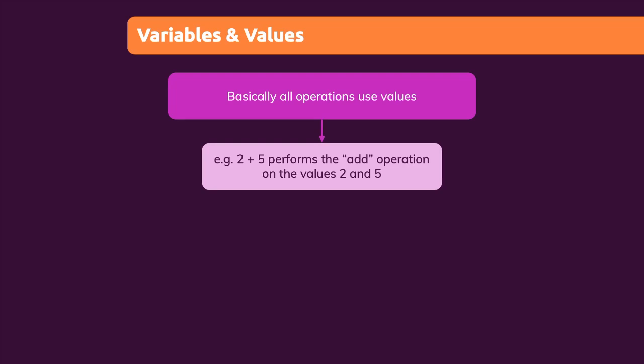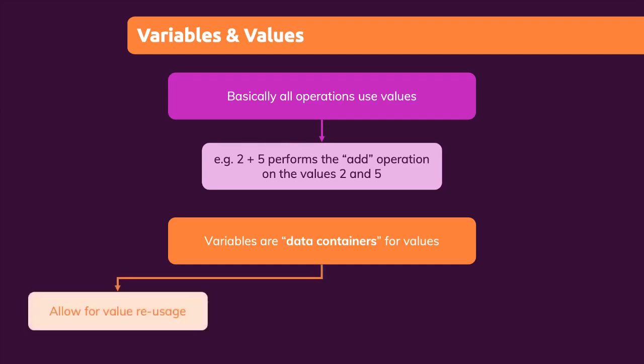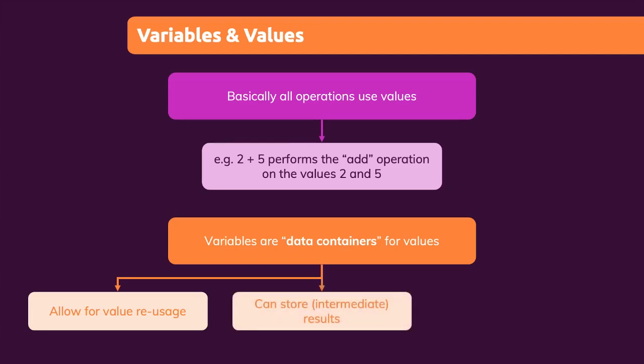But most of the time, you don't just use values once or in one line only, but instead often you want to store values. And for that you have variables. Variables are data containers for values, and you can use them to store a value so that you can use the same value in different lines of code simply by using the same variable that holds a certain value over and over again. You can use variables to store results or intermediate results.